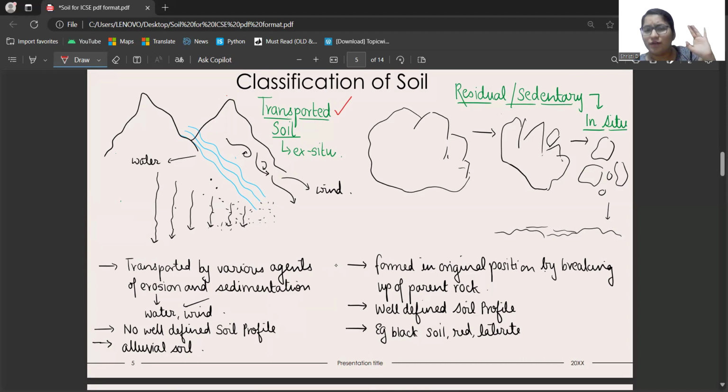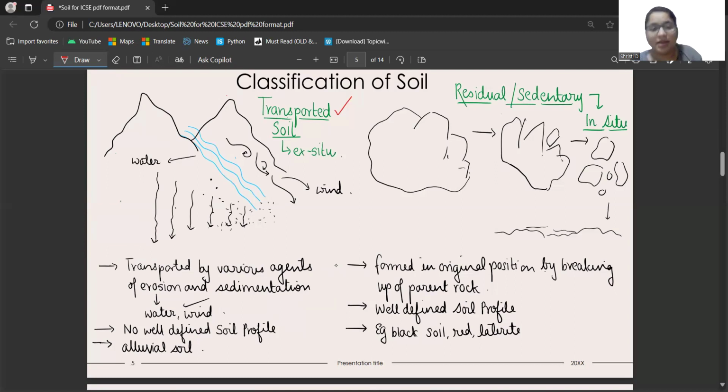Okay, whichever river you want. It is bringing down little particles of soil and it brings it down from the mountains to the plain areas. Okay, ये plain areas तक जब लेकर आते हैं, they are being transported from the mountains to the plain areas. So that is called as transported soil. इतना easy है. That's it.